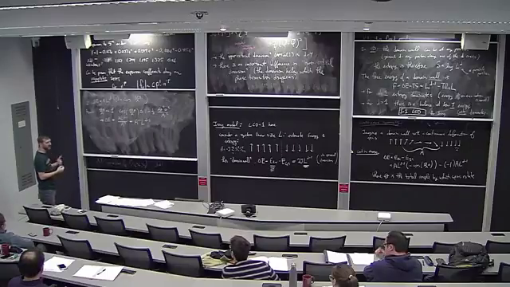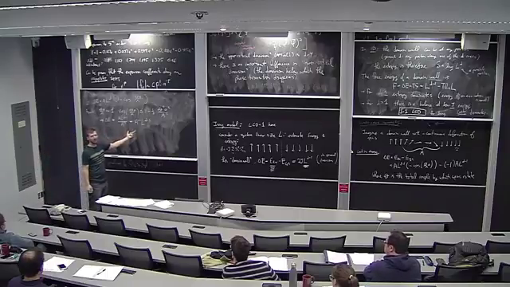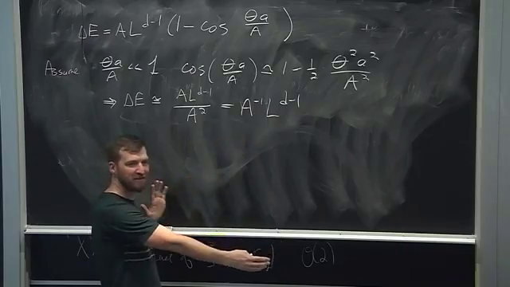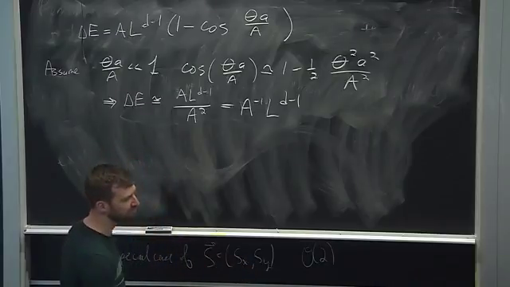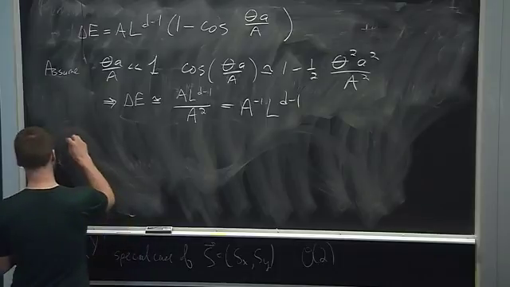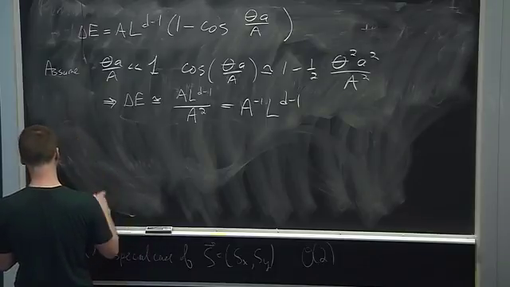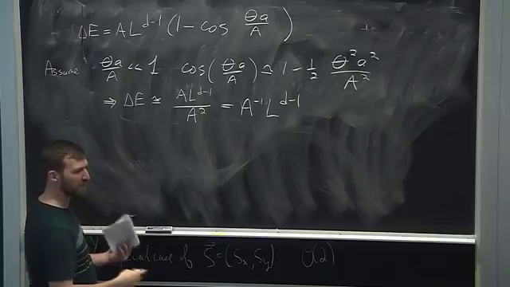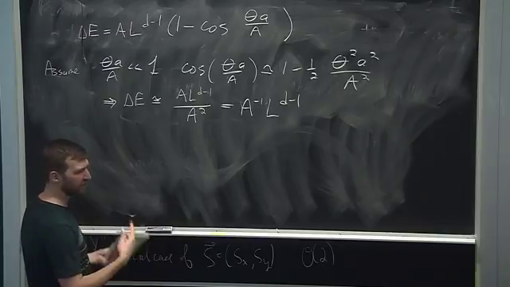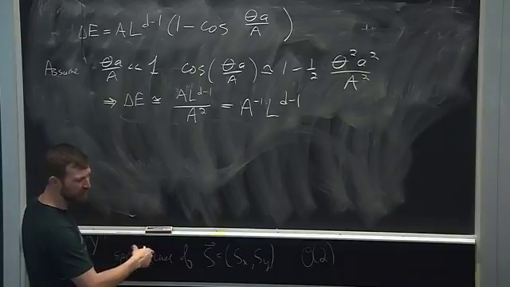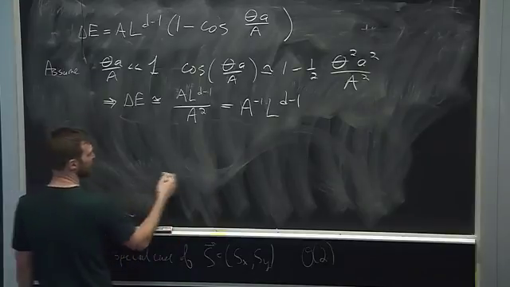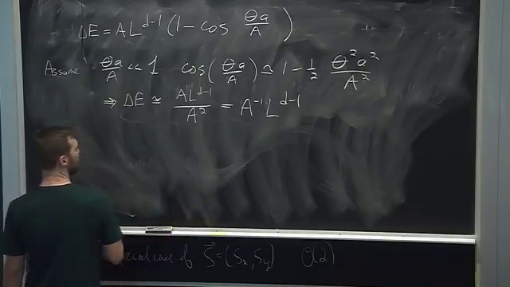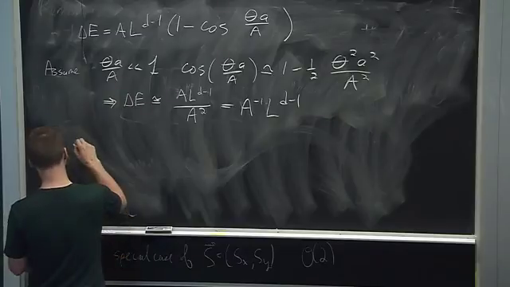If you make A go to L, because it's 1 over A, so if you make A the size of the system, then that's the lowest energy. So that's another reason to do it. You can minimize that energy cost, but you have to assume you're basically isotropic and homogeneous and nearest neighbors. Under all these assumptions, it makes sense to make A of order the system size.